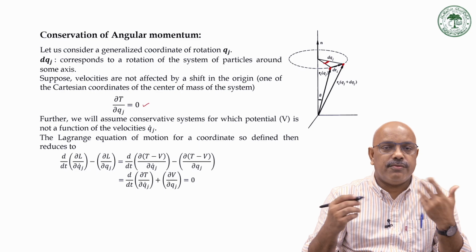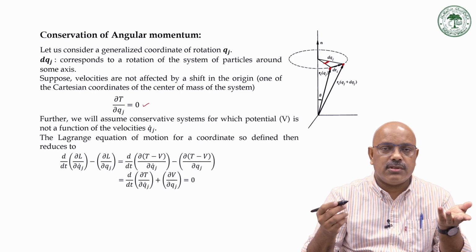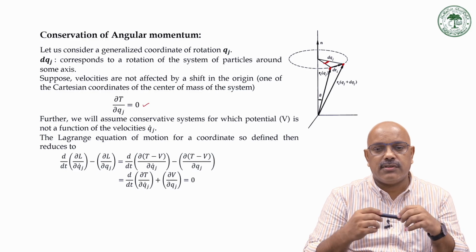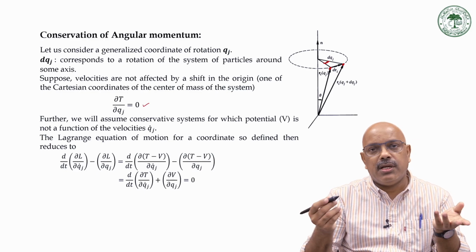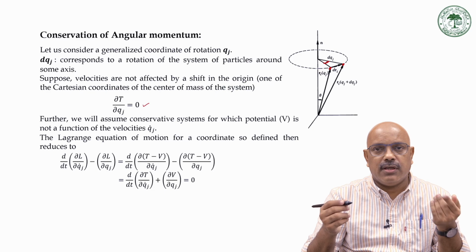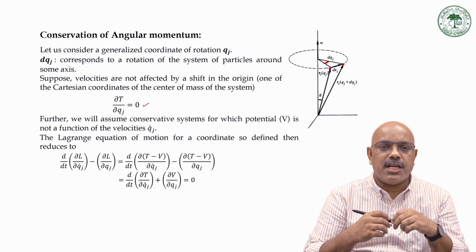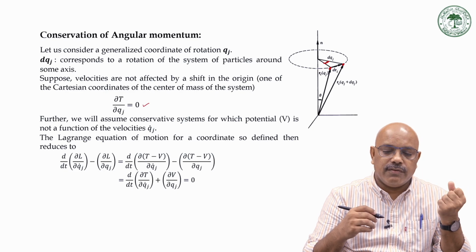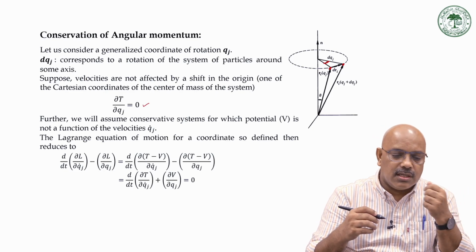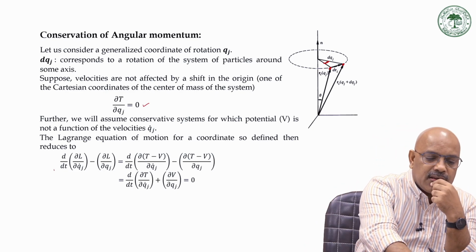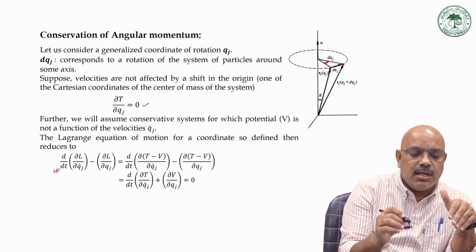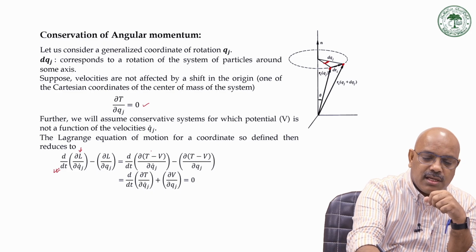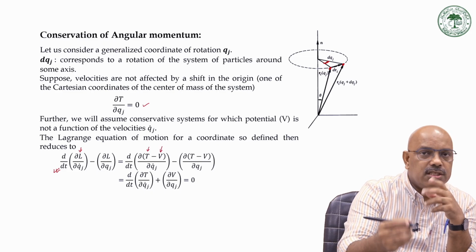Further, we will assume a conservative system, which we are considering right from the beginning, for which the potential is independent of the velocity of the system. So in the Lagrange equation, the Lagrangian is the kinetic energy minus the potential energy.